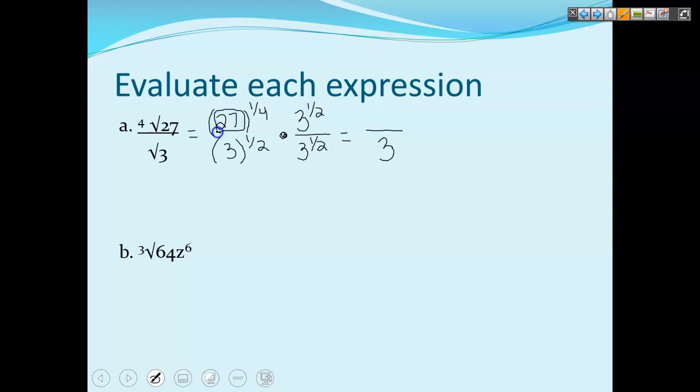Also, what do you know about the number 27? 27 is 3 times 3 times 3. So the rule is you can't add two things together unless they have the same base. So this is really like 3 cubed to the 1/4 times 3 to the 1/2.